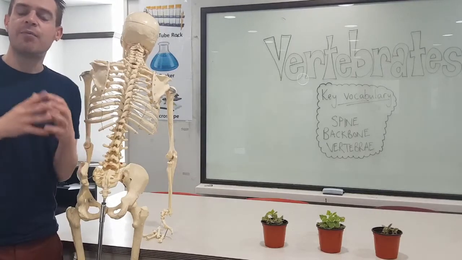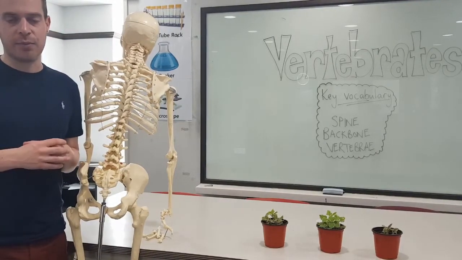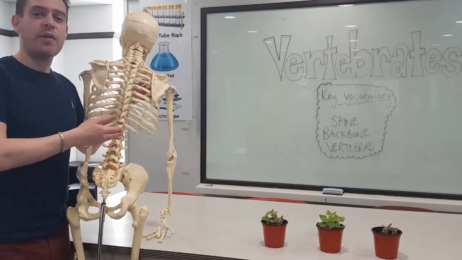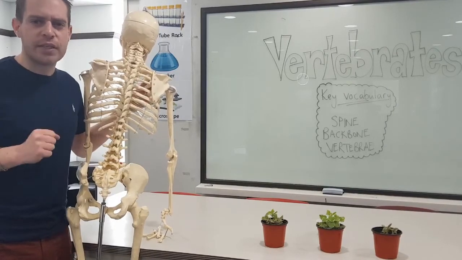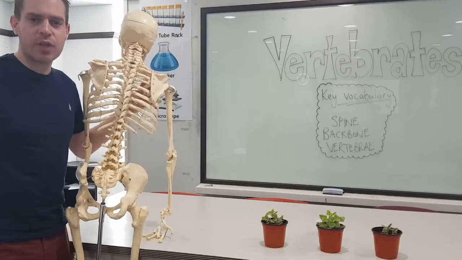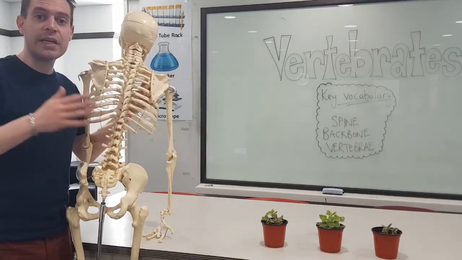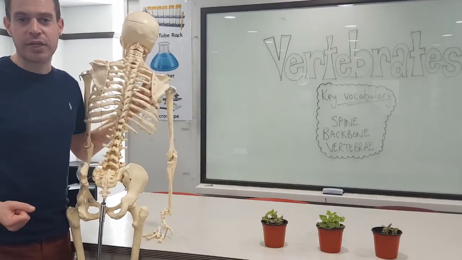And that's the same for all vertebrates, whether they're human or other types of animals. In fact, our backbone is very, very special. It's very, very strong, very difficult to break, which is why we're so lucky to have them. It means that we can be really super, super human and super animals, super types of species.